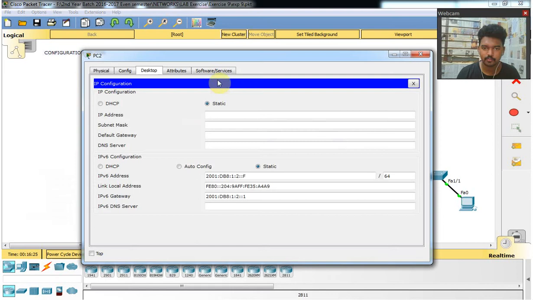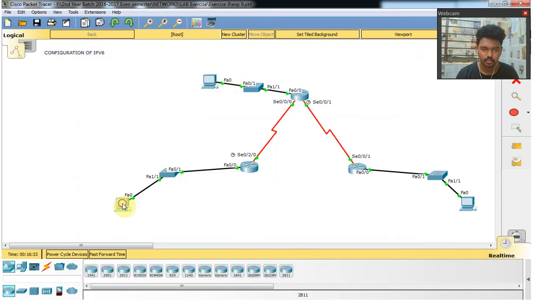I'll just ping from one particular system to another. Copy the IP address of this system. Now I'll be pinging from this one.